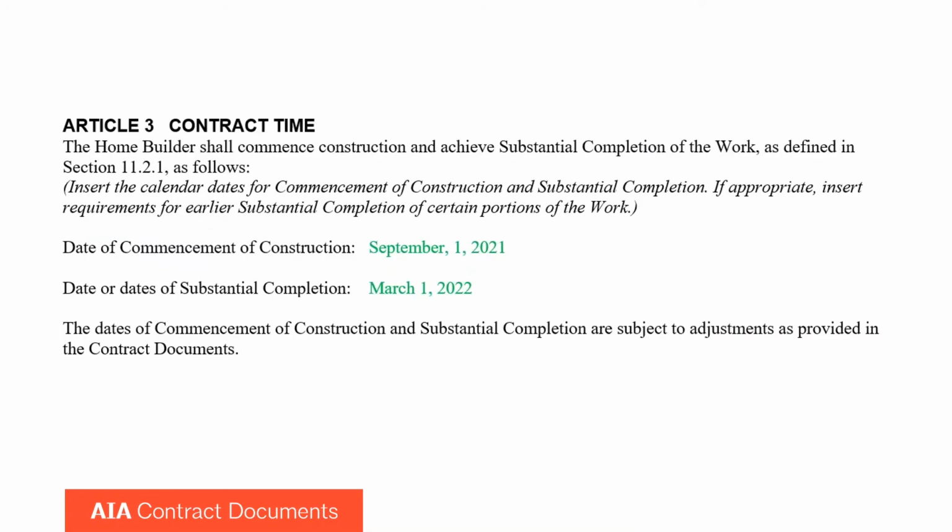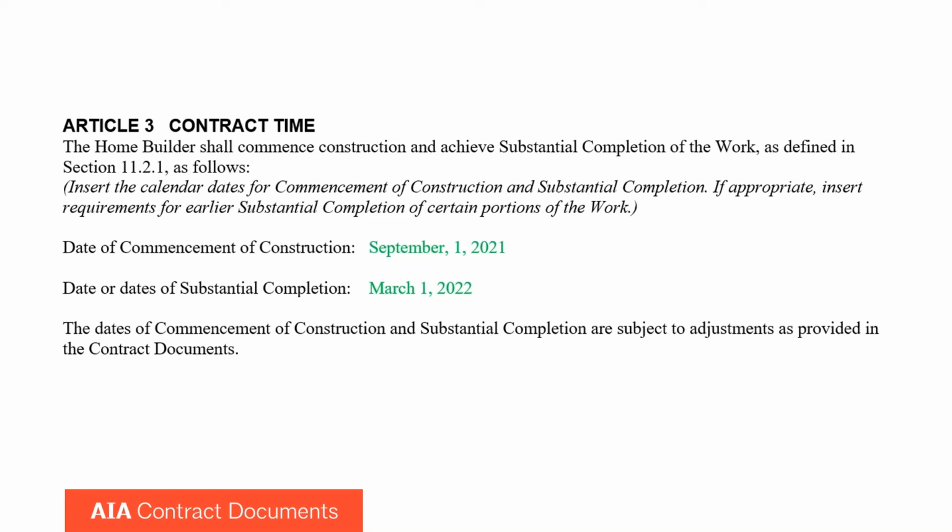Article 3 talks about the contract time, and here we infill the two critical dates: the commencement of the construction, and here we've written in September 1st, 2021, and then a milestone date that is very important and we call substantial completion.